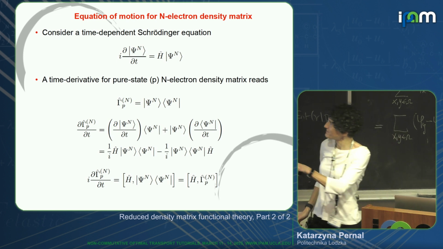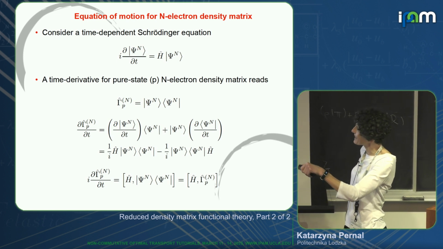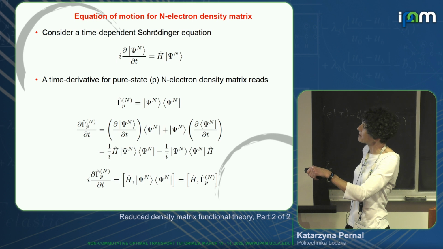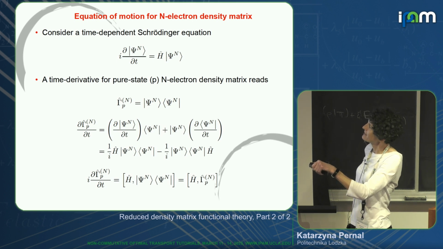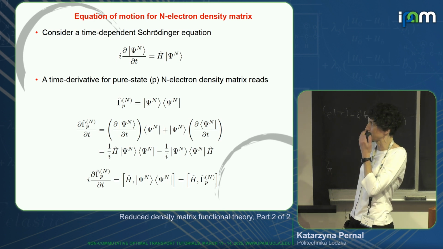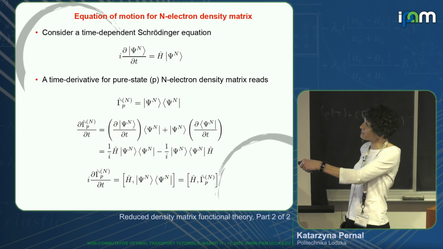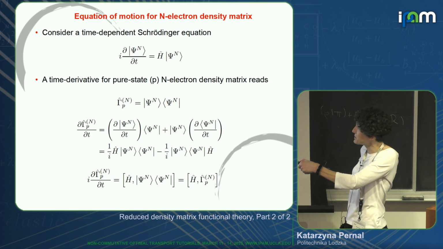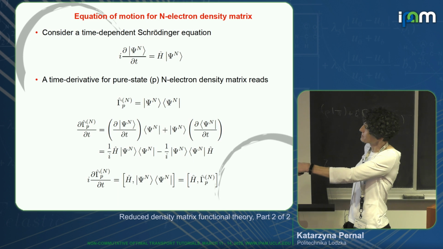Time-dependent Schrödinger equation, we can immediately derive, it's really trivial, a time-dependent equation for the electron density matrix. So for the pure state, what do you do to get the time-dependent equation? You just take a derivative of the density matrix, right? And that's what you get here.